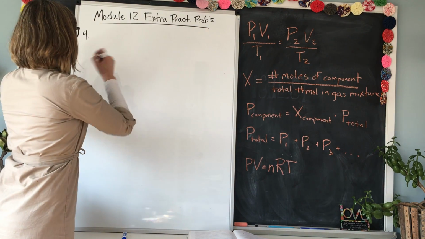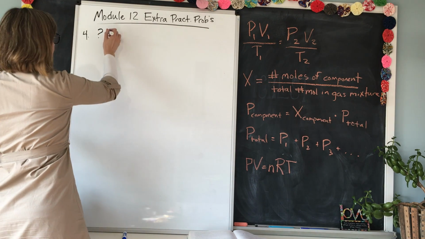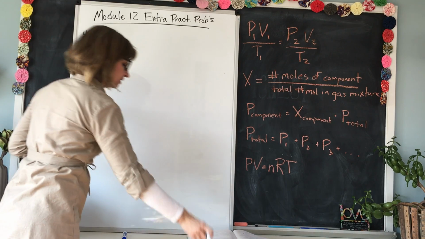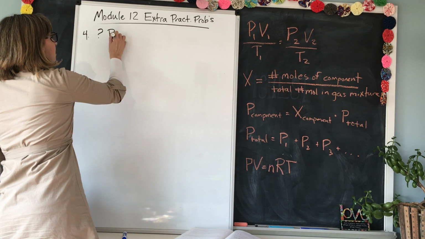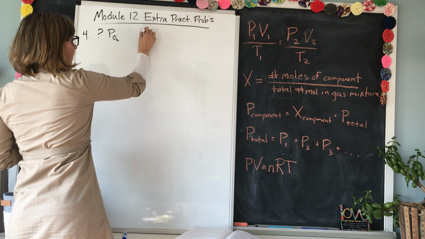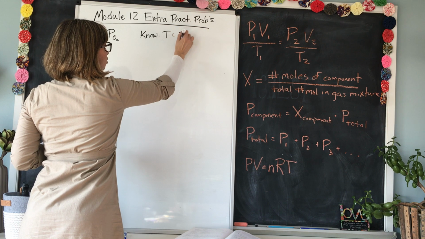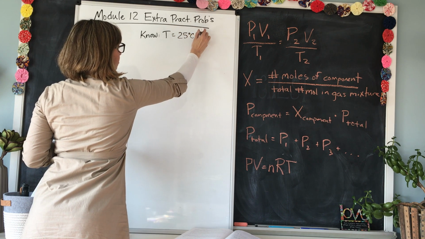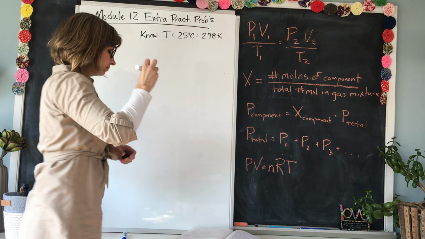All right, number 4, I'm going to put right here what we are looking for. So we're looking for the partial pressure of, what was it? Oxygen. So that'd be O2. And then we write down what we know. We know the temperature is 25 degrees Celsius, which is equal to 298 Kelvin.